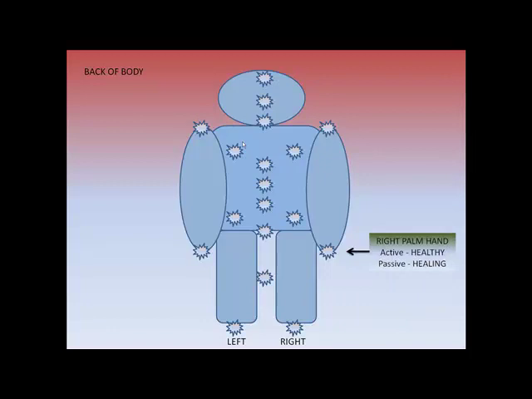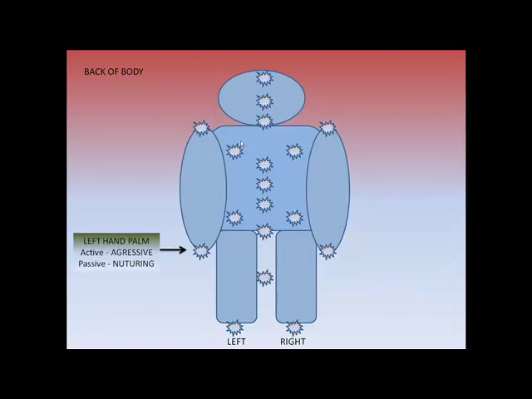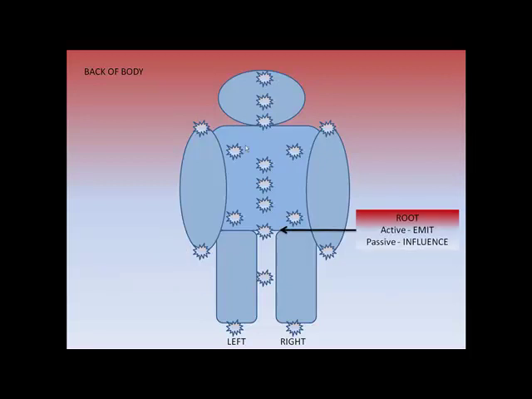In the right palm, the active is being healthy as best as possible, and the passive is healing. In the left hand, the active is being aggressive, doing things. Aggressive is not negative, it is actually going out and doing something, and the passive is nurturing. The root emits, passively influences.